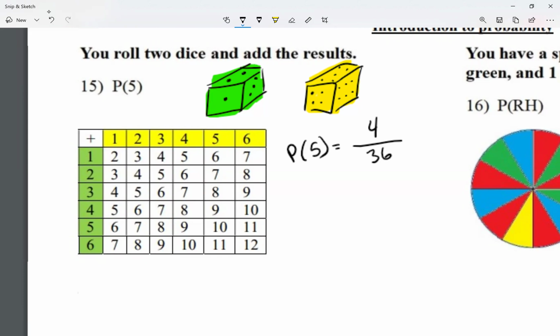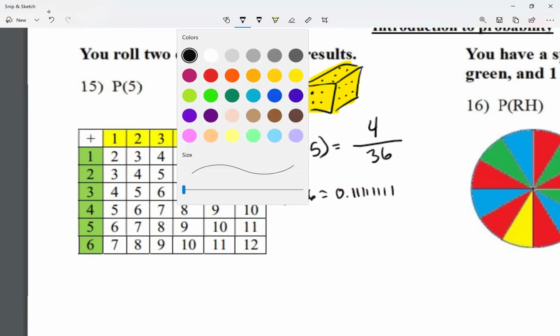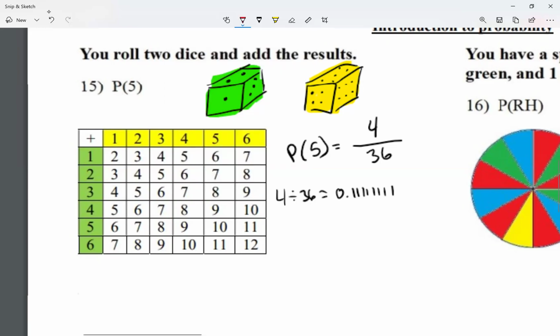Now, I said probability is given as a decimal, and I have it as a fraction. So what I'm going to do is go 4 divided by 36. According to my calculator, I get a 0 point and a bunch of ones. We're in statistics, this is stats class, I don't need to remind you how to round.